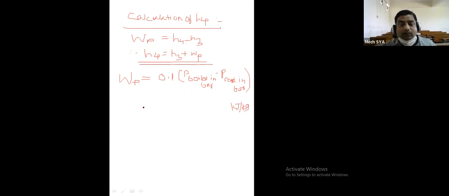So WP is equal to 0.1 into boiler pressure in bar minus condenser pressure in bar. Therefore it will become 0.1 into, boiler pressure in bar is 15 bar, minus 0.075.